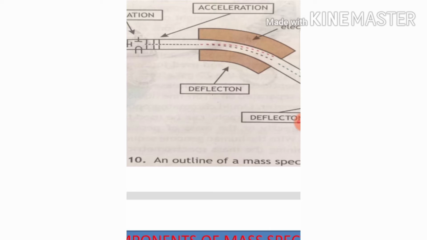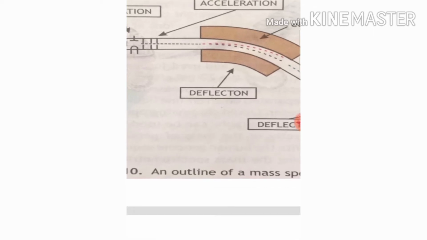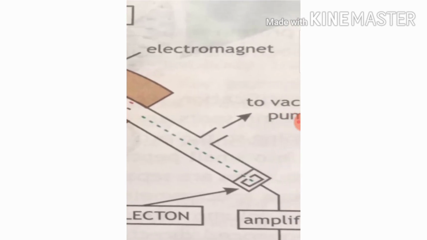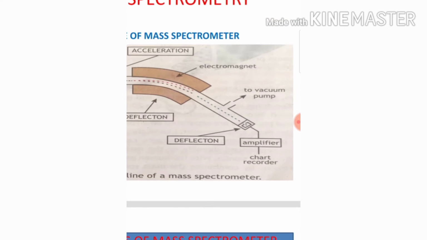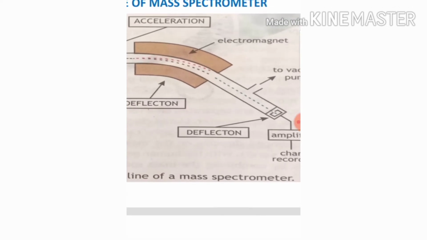Each ionic protein molecule in vapor form gets momentum and is differentially separated due to the presence of a strong electromagnetic field, which creates a deflection inside the vacuum tube of the mass spectrometer.